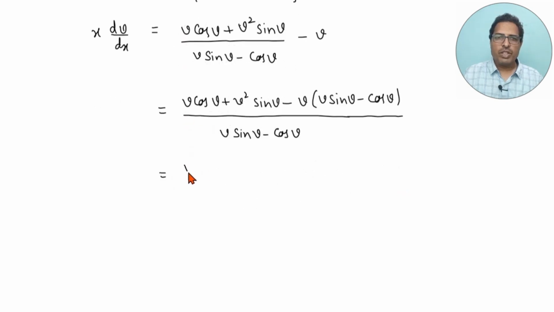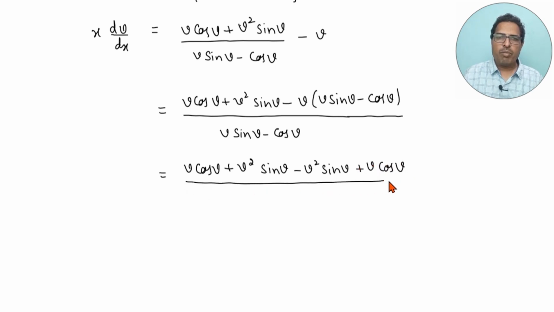Further we can simplify this one, this term as it is, the next term also as it is, multiply this minus v inside, minus v square sine of v, then minus of minus will become plus v cos of v, it is whole divided by, in the denominator we have v sine of v minus cos of v.